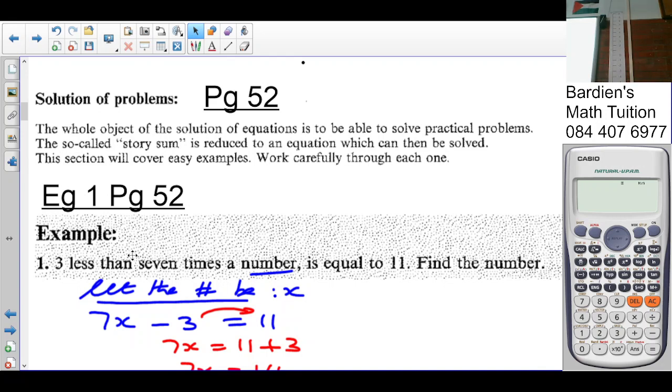Maybe one of the sums I gave you for homework was difficult. So yesterday we got up until example 2.